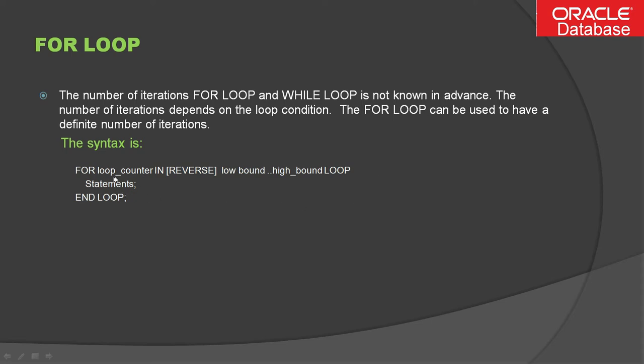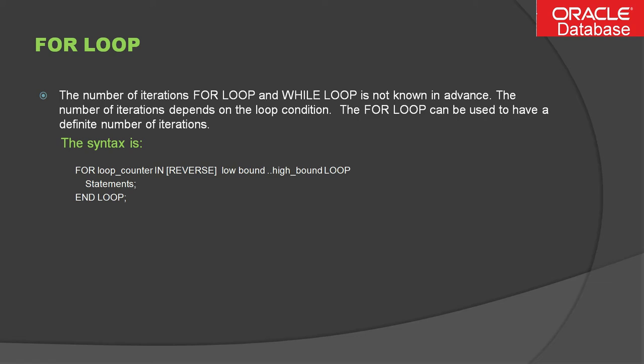First of all, you need to understand the loop counter. The loop counter is an implicitly declared index variable of type binary integer. The low bound and high bound specify the number of iterations, and finally we have the statements, which are the content of the loop itself.